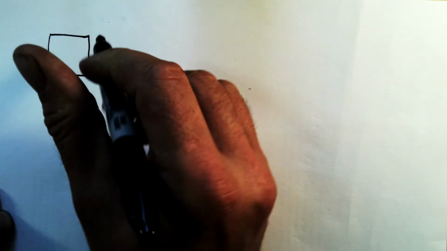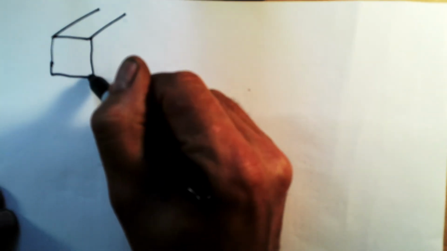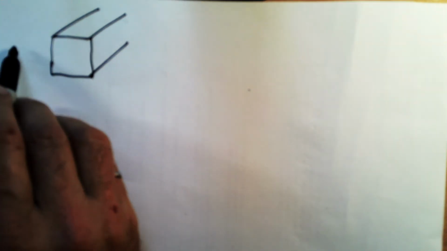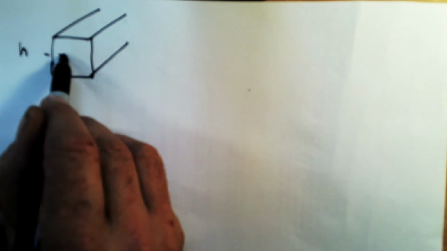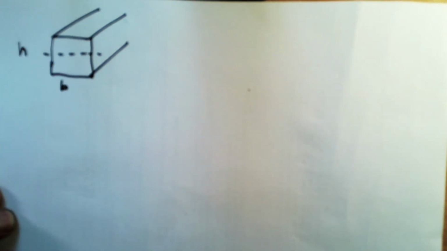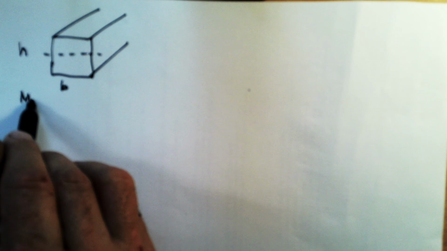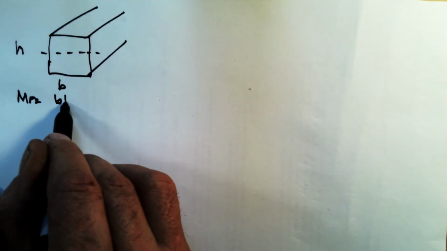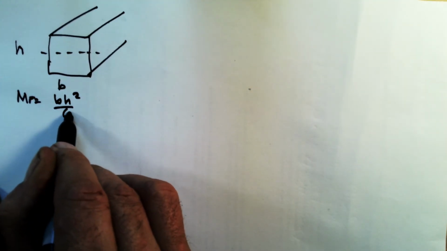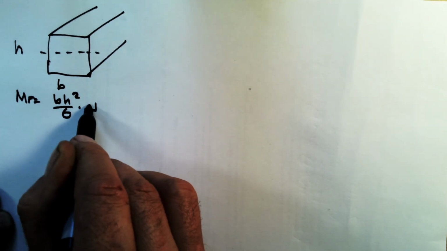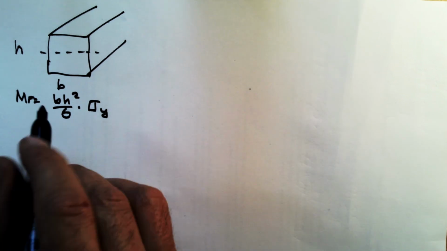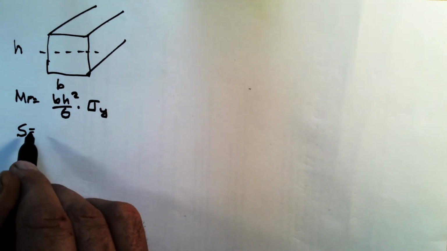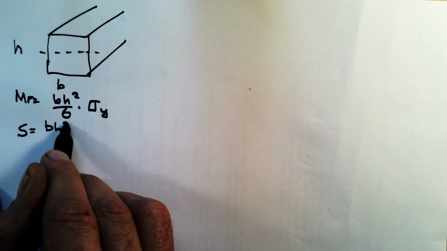So it should be pretty obvious to most of you that a rectangular element of any material, say we'll call H high and B wide, will have its neutral axis in the middle, and we'll have a moment resistance equal to something like B H squared over 6 times the yield stress. Now, maybe you don't know where B H squared comes from. It's basically the section modulus.